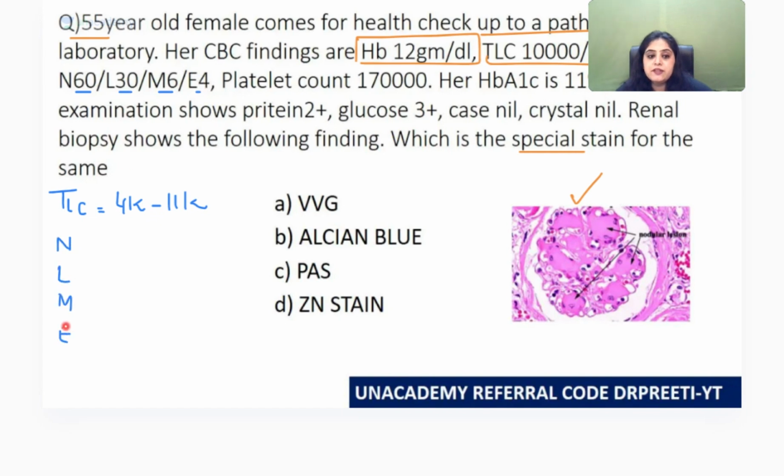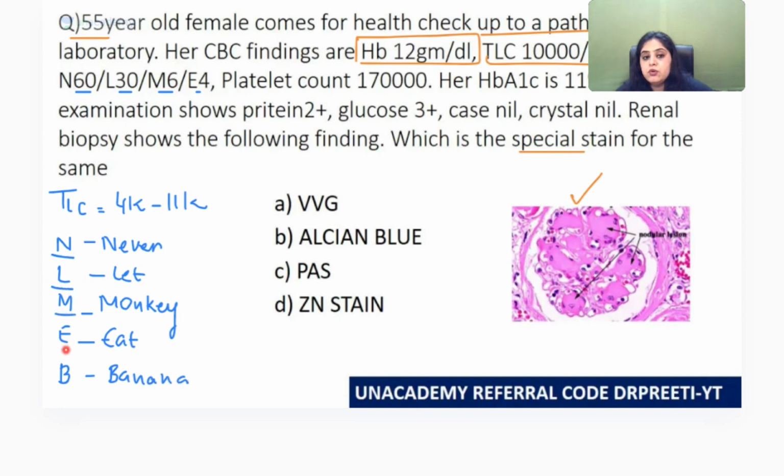This is a famous mnemonic of yours, a very useless kind of mnemonic. Never let monkeys eat bananas, so they have to be in decreasing order. NLMEB: neutro, lympho, mono, EO, baso. Baso will be 0. So they are in the descending order.